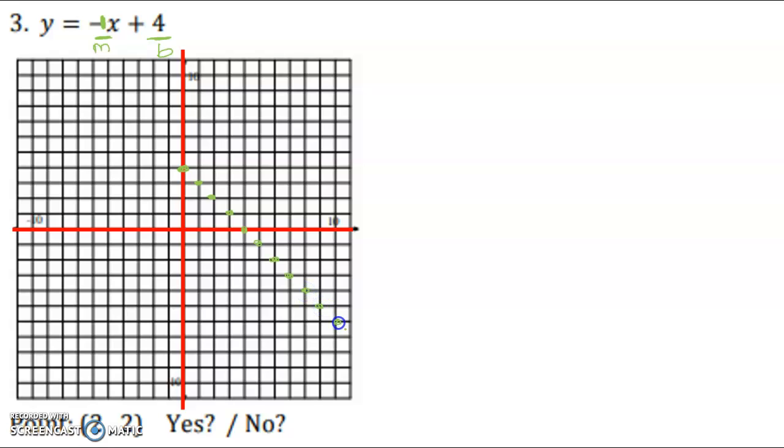And then we would continue in the other direction as well, going up 1 and to the left 1. And then we want to connect these with as straight of a line as possible. Again, if you're doing this on paper, that's a little bit easier for you to work with.